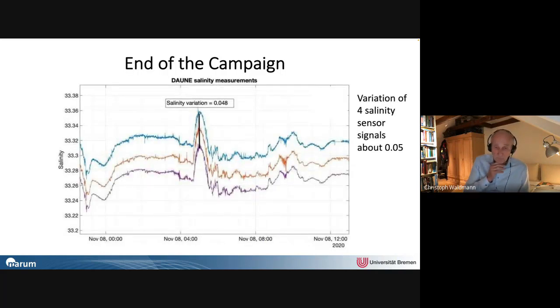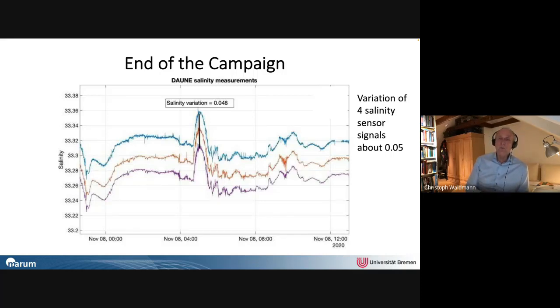Okay, and that was at the end of the campaign in November. We always had 5 in the water, and we had 6 instruments, and 1 was always replaced. So these 3 instruments seem to perform the best, and you would say, wait, you probably forgot to correct for drift behavior.